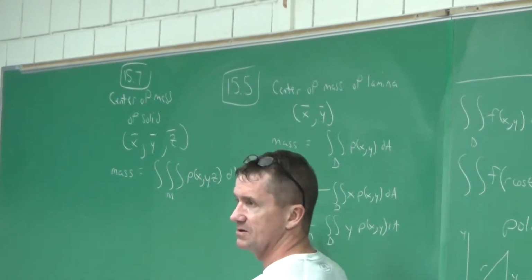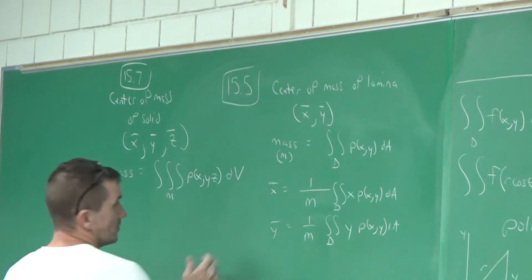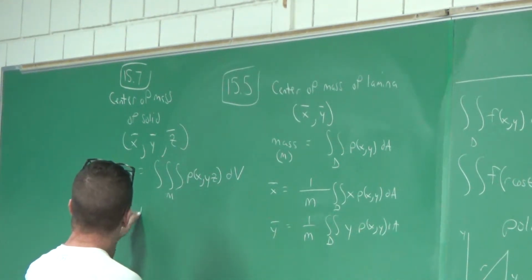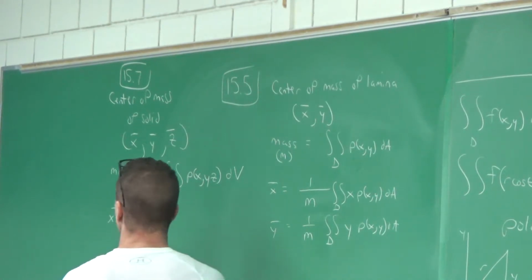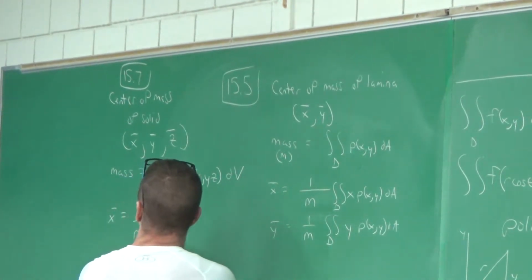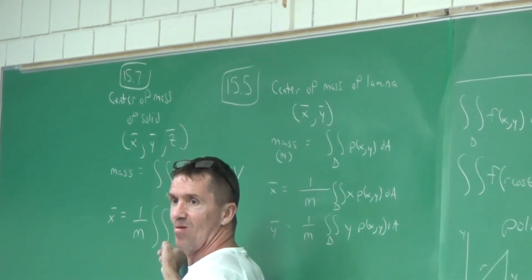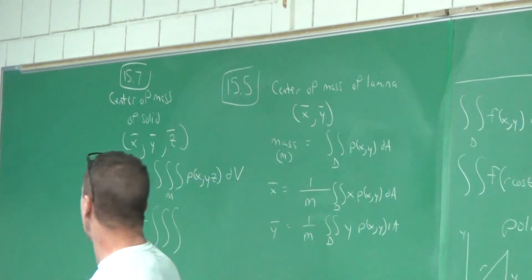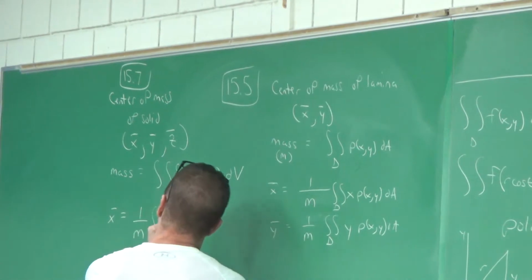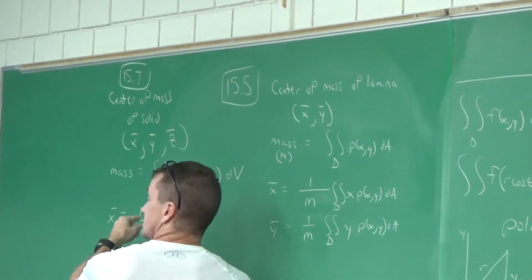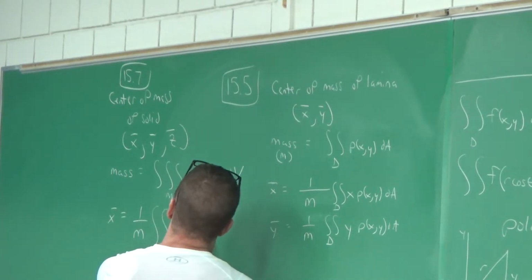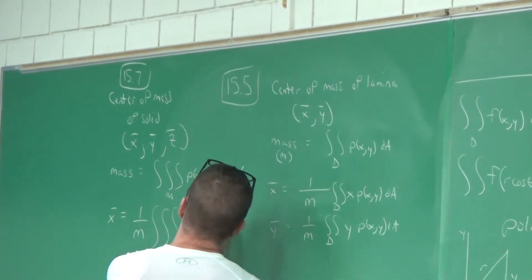What would x bar equal? Let's just write out x bar; we don't have to write the y bar and the z bar. What would x bar equal? 1 over the mass times the triple integral of what letter? X. They call this the moment about the yz plane. 1 over mass times the moment about the yz plane, there goes that letter x, dV.